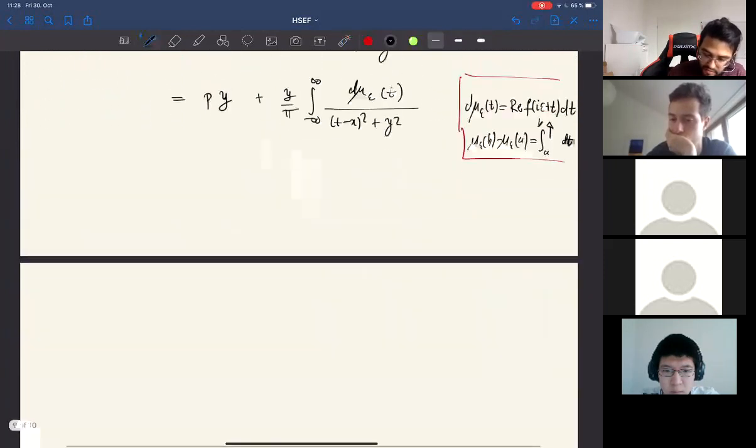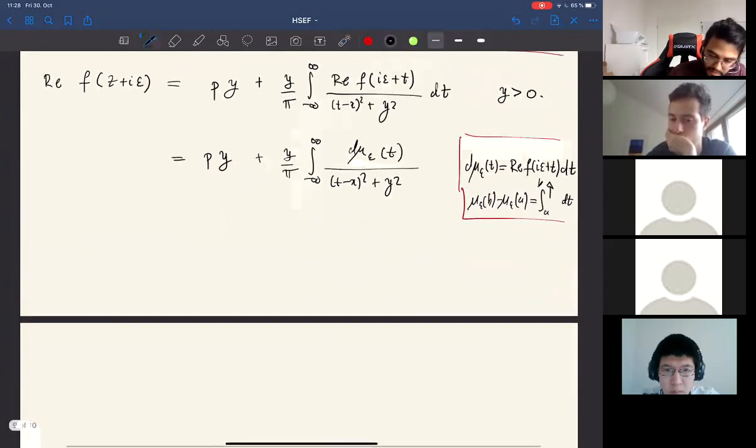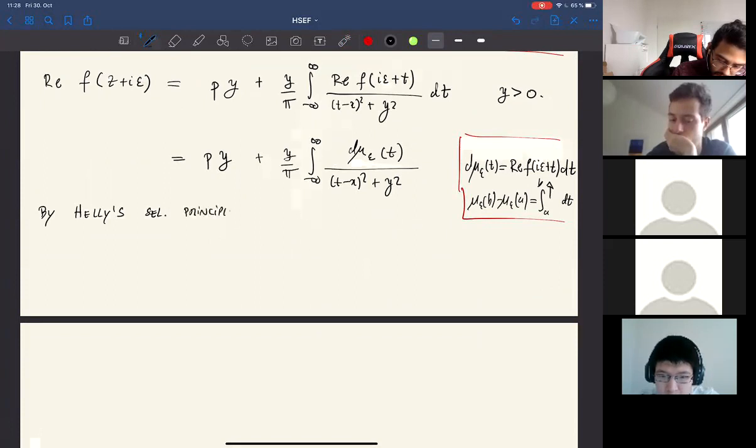So by Helly's selection principle, because I want to take epsilon to 0, there is a subsequence, which I always denote by epsilon, so I always think that I'm taking it under a certain subsequence, such that mu epsilon of t converges to some mu of t when epsilon goes to 0.